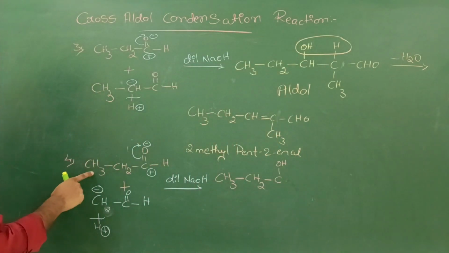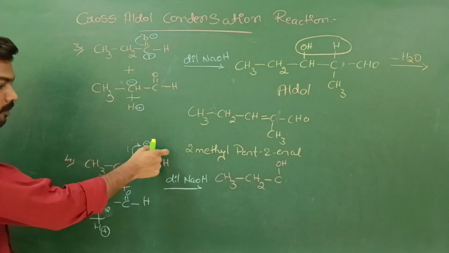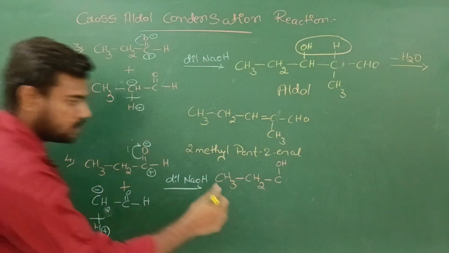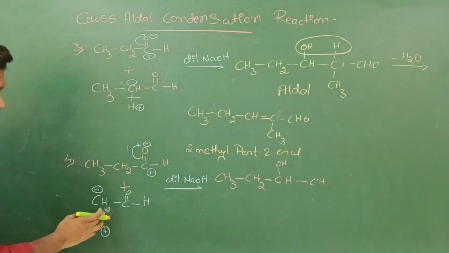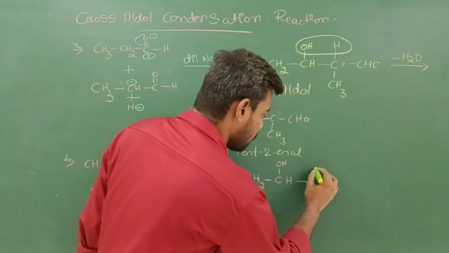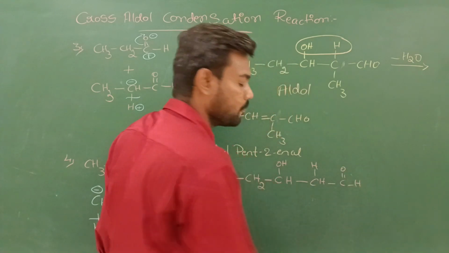See here, CH3, CH2, C single bond, hydrogen atom will be here. That is OH, H single bond CH. This one, CH, C double bond O, H. Clear?